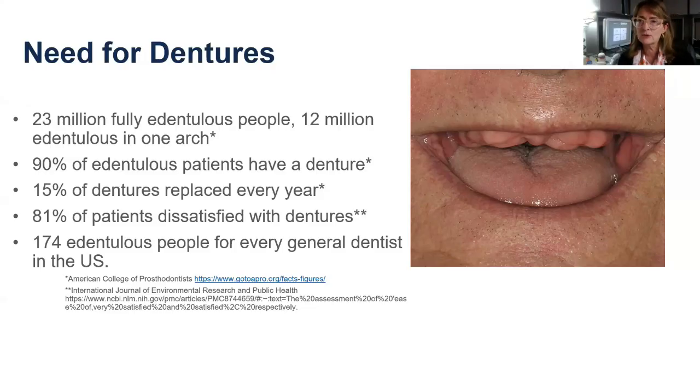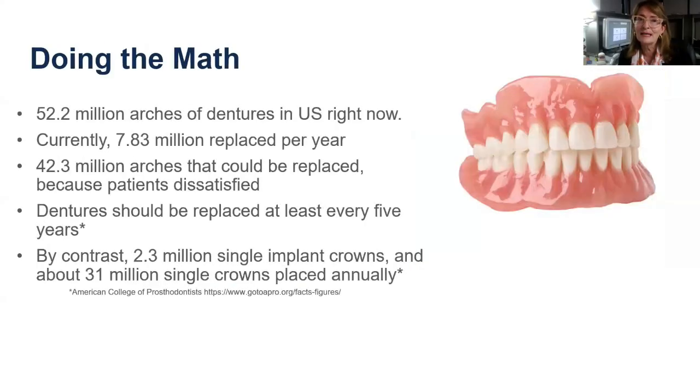So what an opportunity for all of the dentists, all of the clinicians out there that want to provide that as a procedure that they offer to their patients. And so that indicates that there's 174 edentulous people for every GP out there in the US. That's quite a patient base, right?